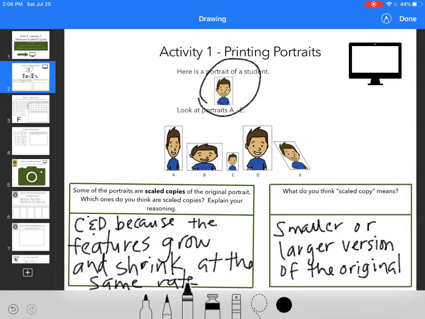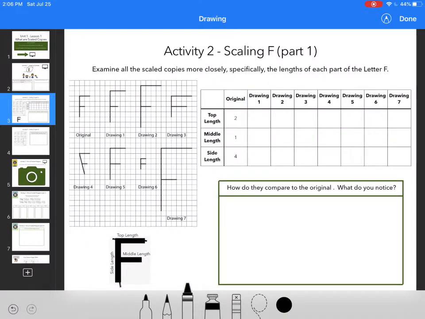So, for example, this one is a larger version of this one, and this is a smaller version of this one. Whereas these, they're not exactly the same picture because the head is either fatter or thinner or at a diagonal. So for this next one, we're looking at the drawings.